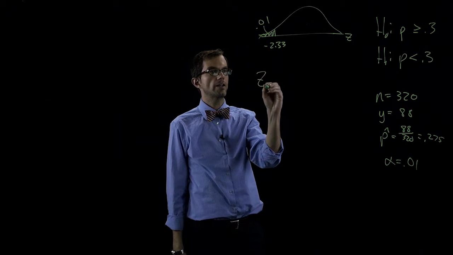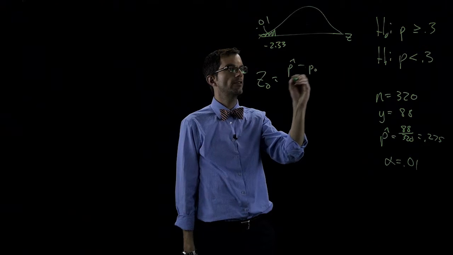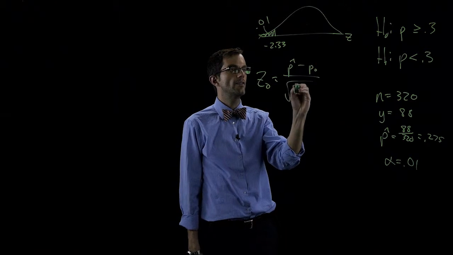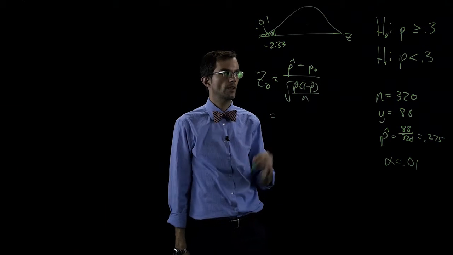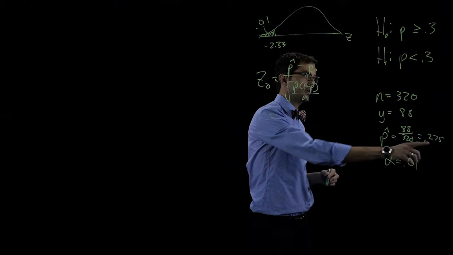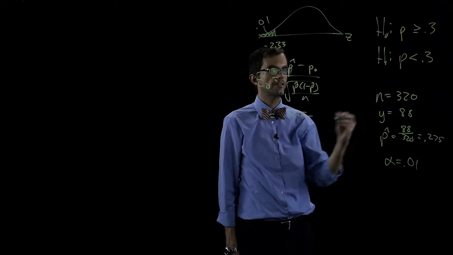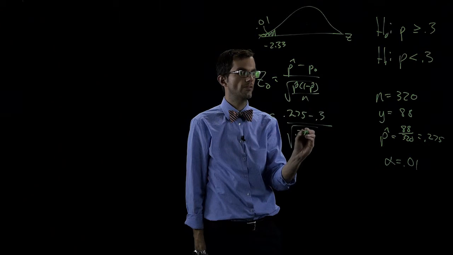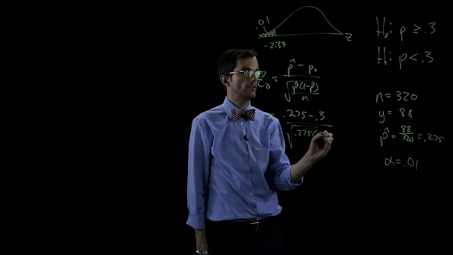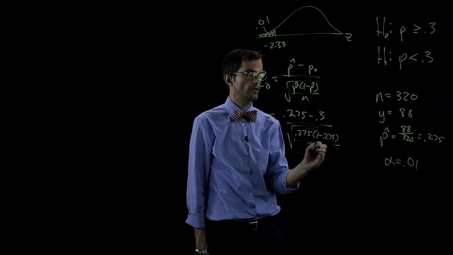So now let's calculate our test statistic. That's how different is p hat from the hypothesized value in standard deviation units. How different is 0.275 from the hypothesized value, 0.3, in standard deviation units? 0.275, 1 minus 0.275 over n, which is 320.